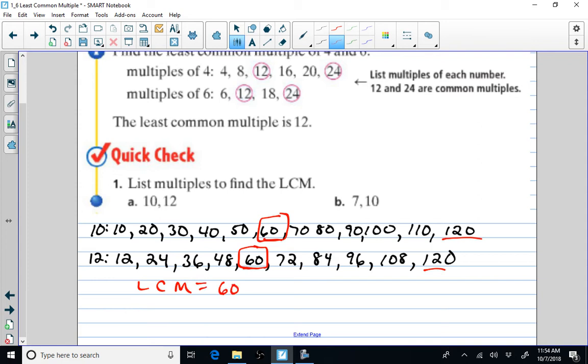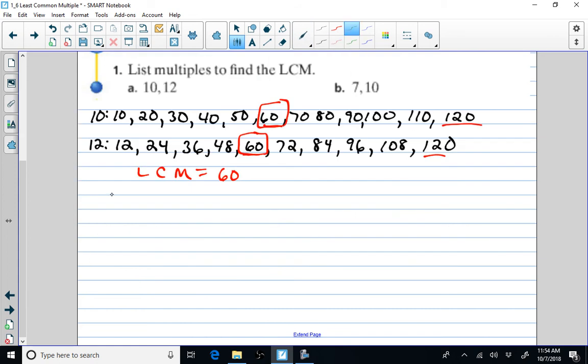All right, let's try 7 and 10. If I list my multiples for 7, we have 7, 14, 21, 28, 35, 42, 49, 56, 63, 70. I'll see if that's enough.